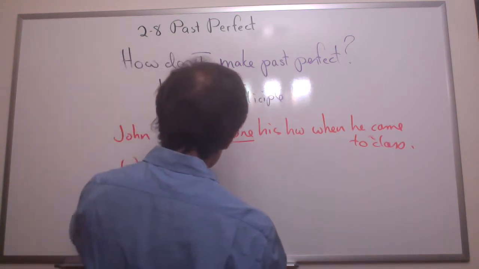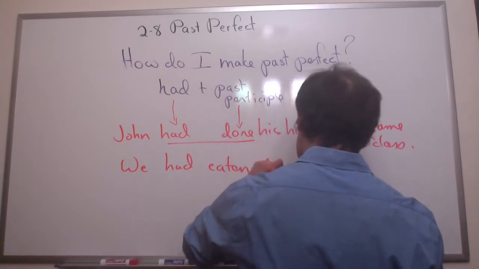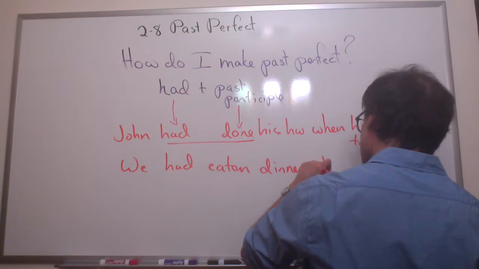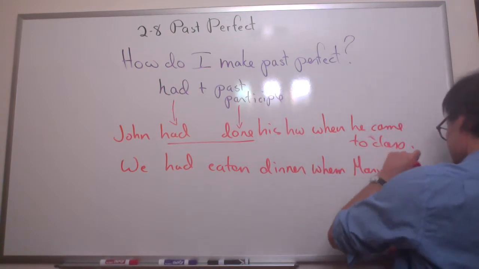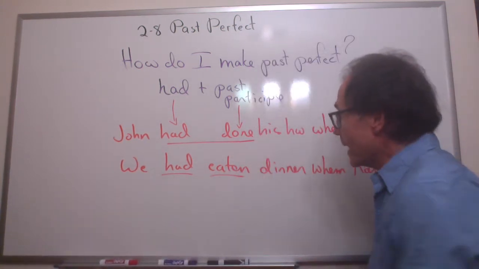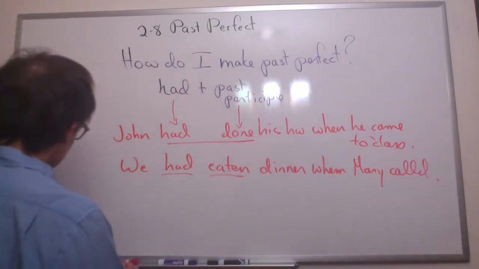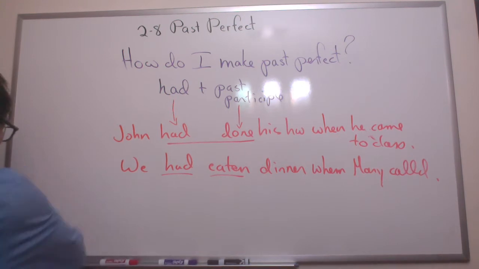So I could say, we had eaten dinner when Mary called. Okay, and again I have had and past participle. And we'll do one more example. I might say, John was tired. Or let's use a different name from John.